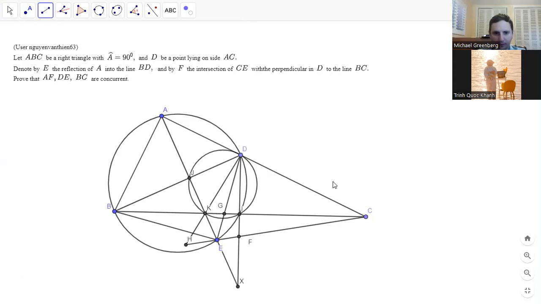Project through D. Oh, so yeah, that's the same as saying C, I, G, K are harmonic.